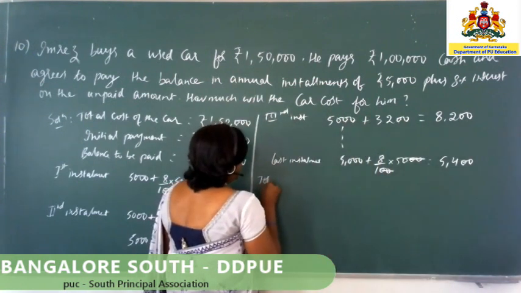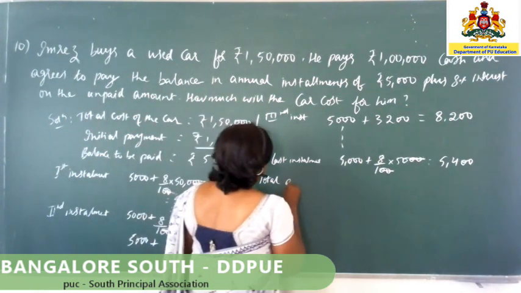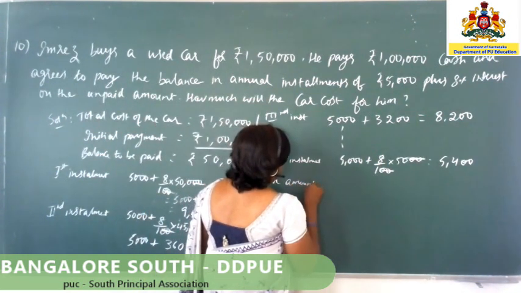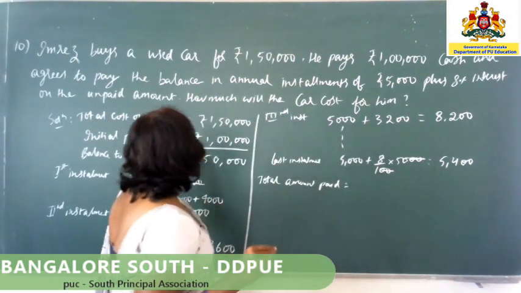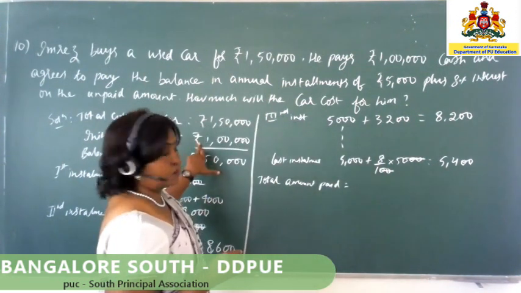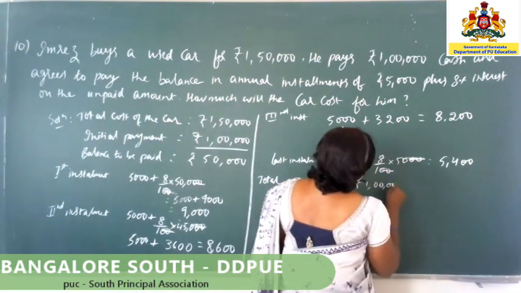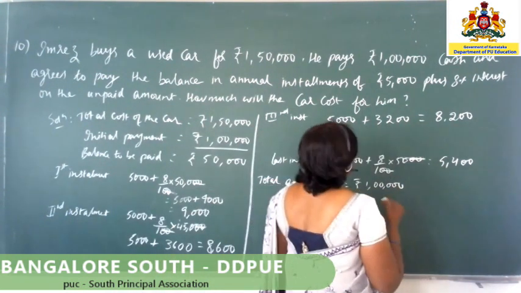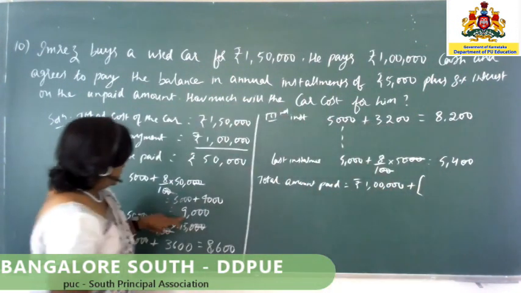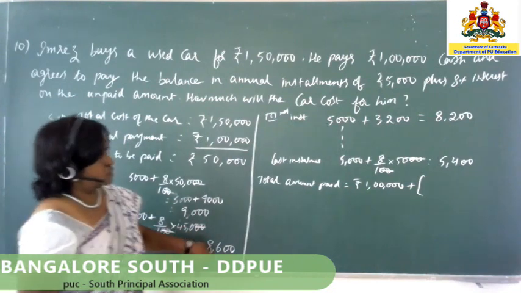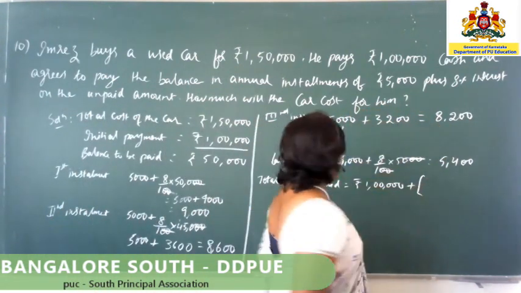So the total amount paid is equal to the initial payment, rupees 1 lakh, plus the summation of all these: 9,000 plus 8,600 plus 8,200 and so on up to 5,400.